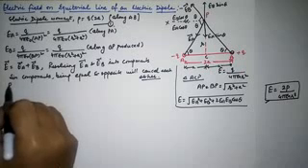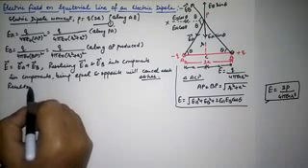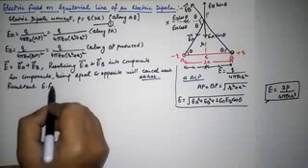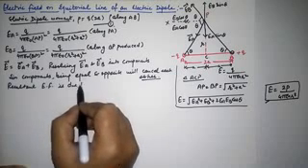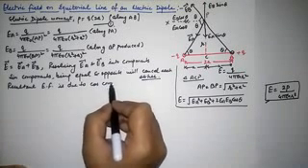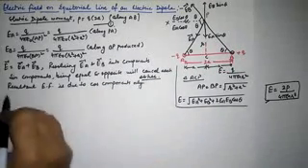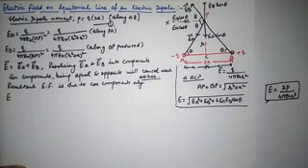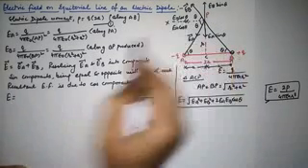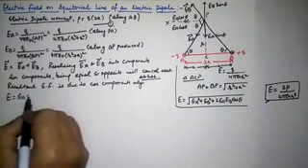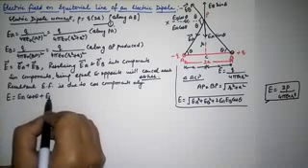So the resultant electric field is due to cos components only. The resultant electric field is taken as E. So it is EA cos theta plus EB cos theta.